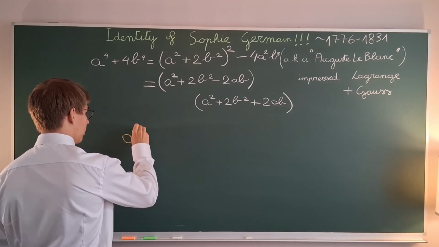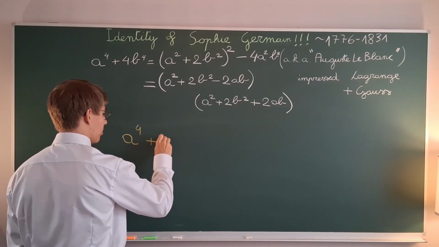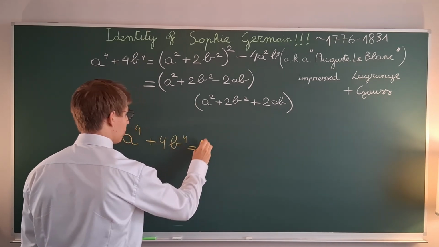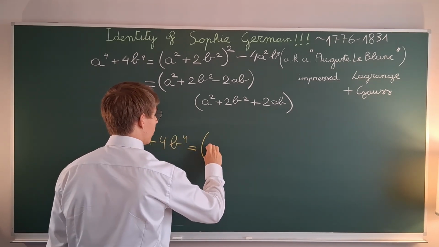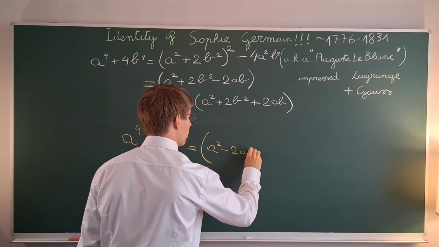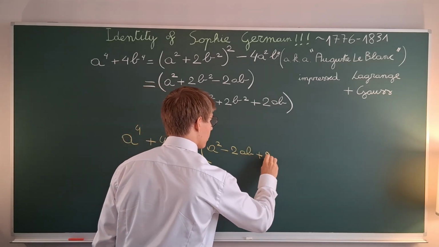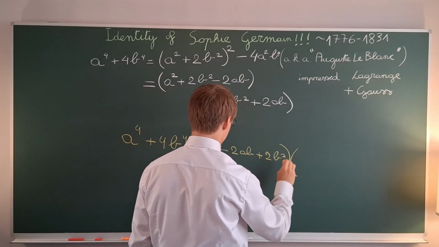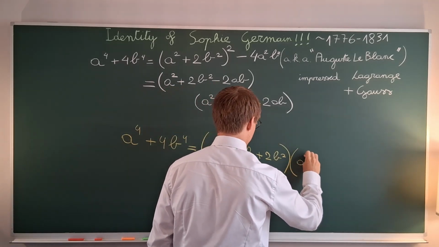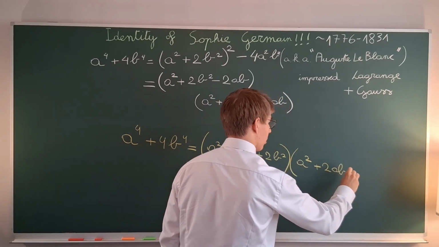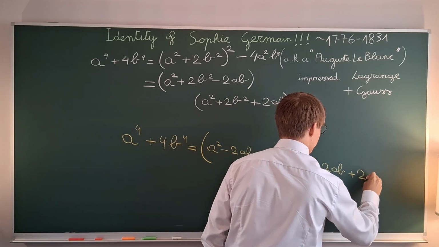So a to the fourth plus 4b to the fourth is equal to a squared minus 2ab plus 2b squared times a squared plus 2ab plus 2b squared.